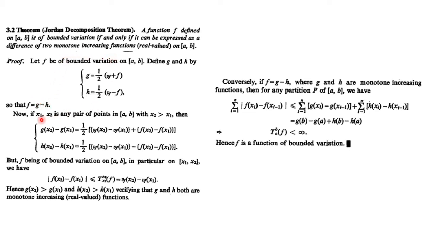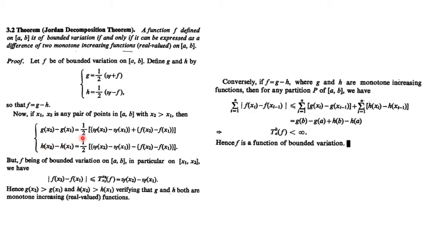For this we consider x1 and x2 in the interval [a, b] with the condition that x2 is greater than x1. So now we find the difference g(x2) minus g(x1) and h(x2) minus h(x1).